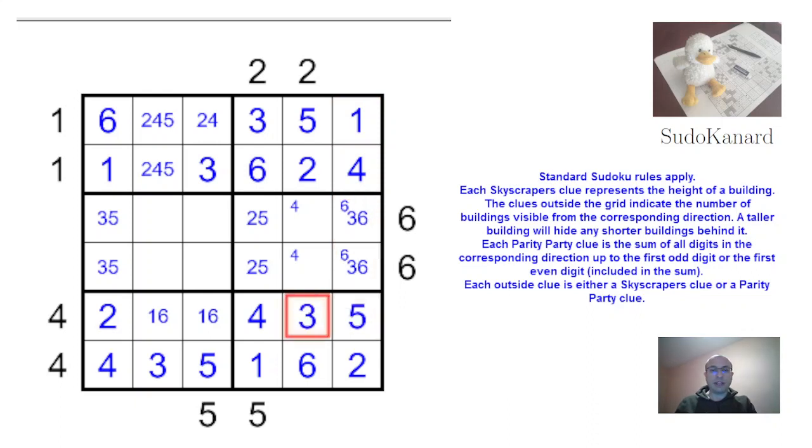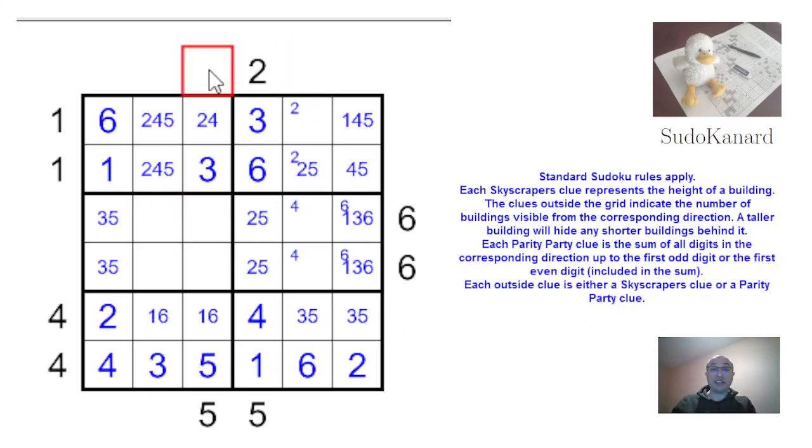That's 5, that's 3. 5 here. And the same issues. So 2 here is not a bad clue, 2 here would not be a bad clue either. Actually, it would work with both 2 and 4. But I must find something to disambiguate.